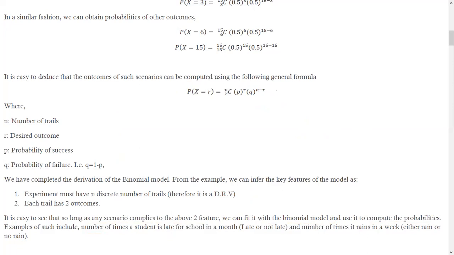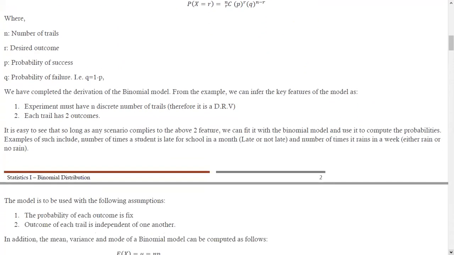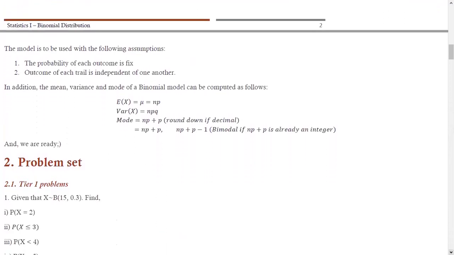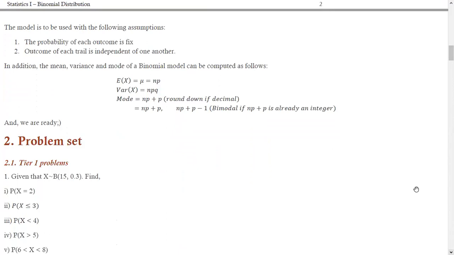All right, let's move on. This model must also have certain assumptions. The probability of each outcome must be fixed. That means every single time I throw a coin, the probability of getting a head must be half, 0.5. It can never change.